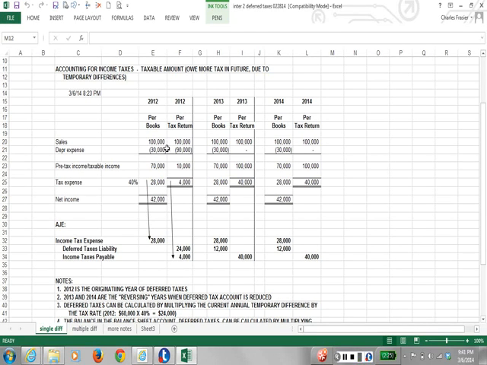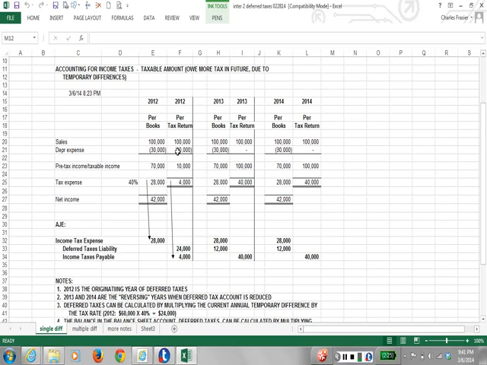Notice that on the books for each year, for 2012, 2013, and 2014, we're using straight line. We bought an asset for $90,000 and we are depreciating it 1/3 each year on a straight line basis, so $30,000, $30,000, $30,000.